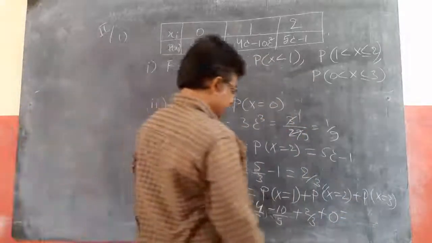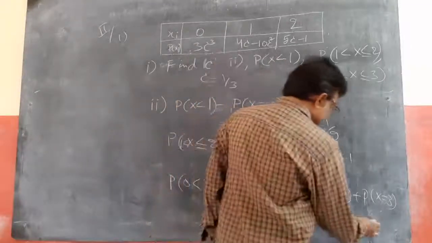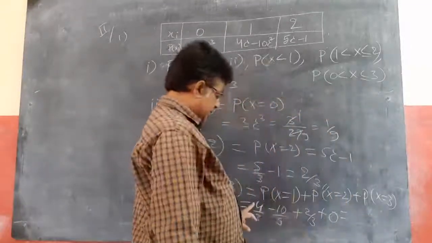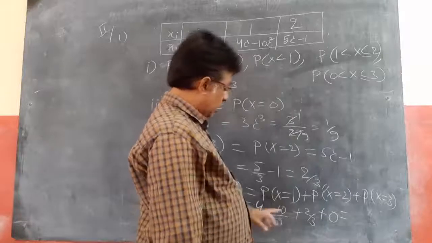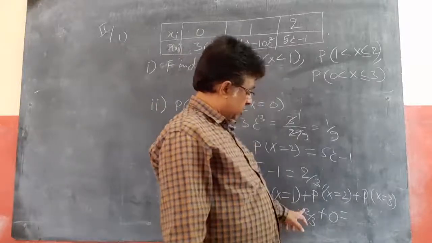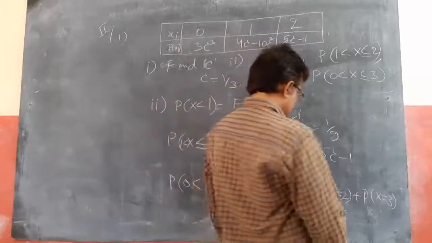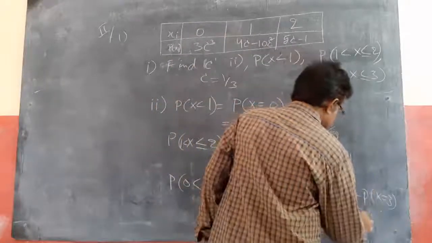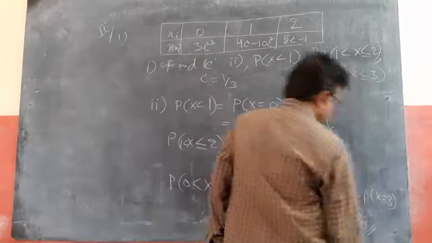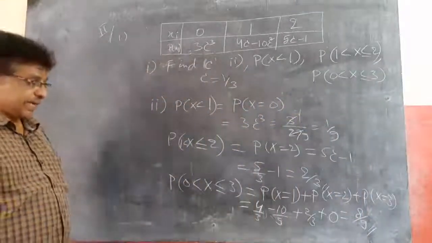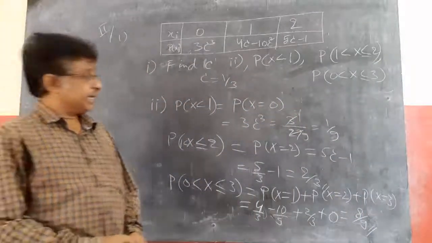So taking 9 as the LCM, 4 threes are 12, plus 3 twos are 6. 12 plus 6 is 18, minus 10 is 8. So the total value is 8 by 9. That's it.